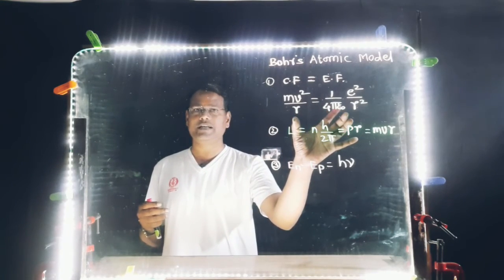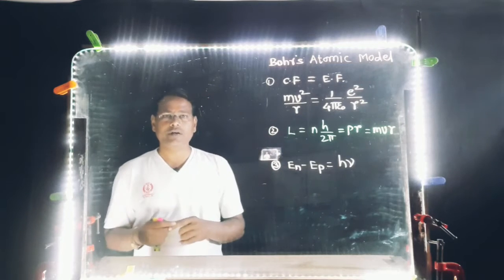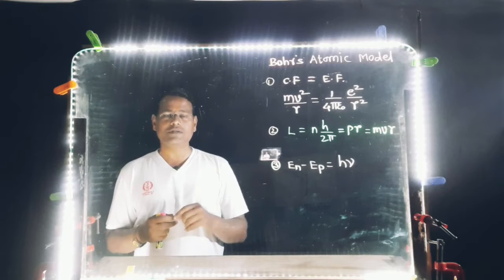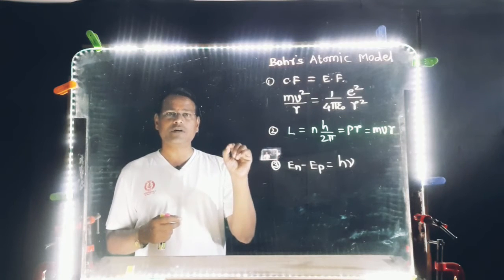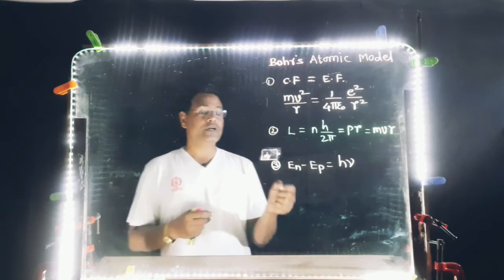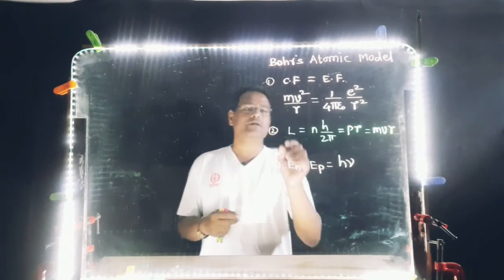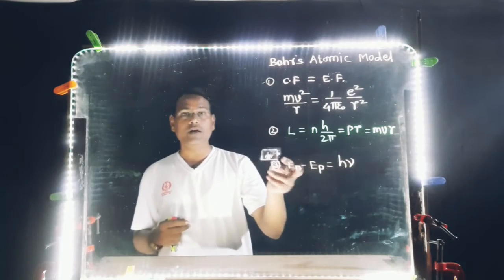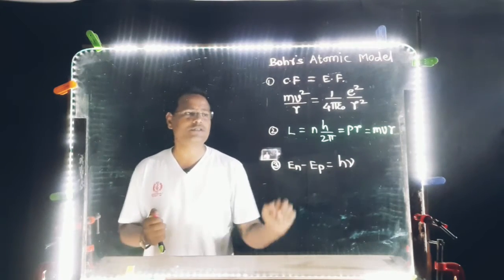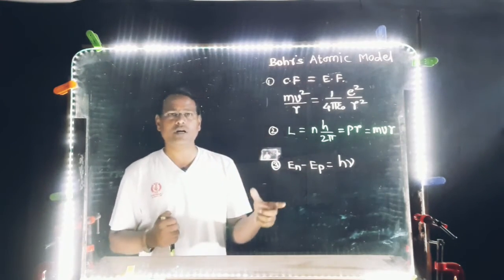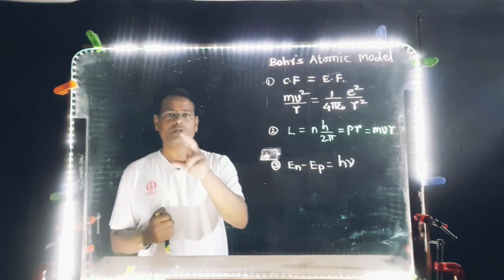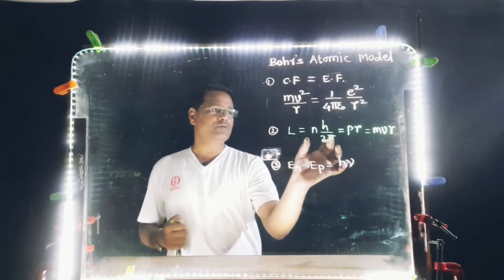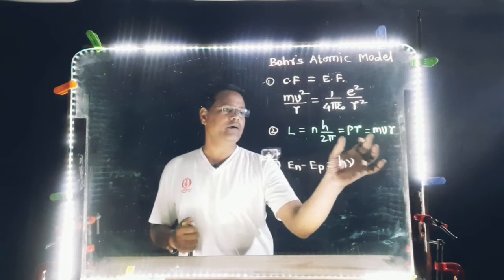Mathematically, you can write this as: second postulate, an electron can revolve in orbits around the nucleus. That orbit has a particular radius, such that the angular momentum of the electron in those orbits is equal to n into h by 2 pi. This can be stated in other words: an electron can revolve without radiating energy only in those permissible orbits for which its angular momentum is equal to an integer multiple of h by 2 pi.